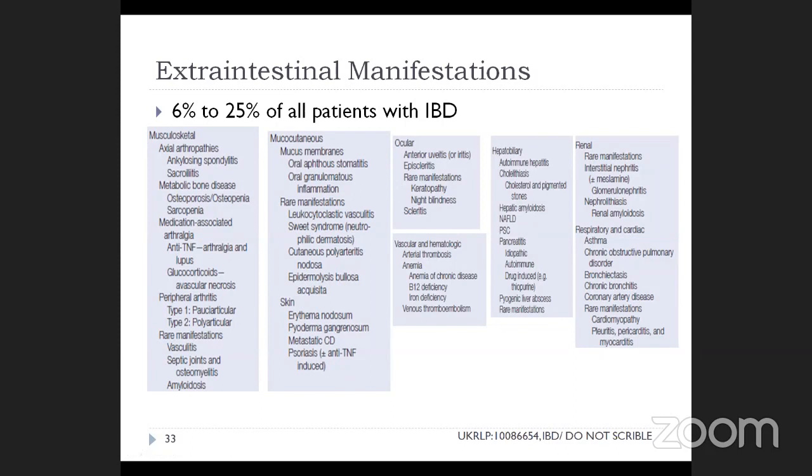Most of the associated extraintestinal manifestations have common gene involvement like the HLA-B27 gene. Other musculoskeletal extraintestinal manifestations are arthralgia, including arthralgia because of the use of monoclonal antibodies against TNF, and avascular necrosis because of the use of corticosteroids in the treatment of inflammatory bowel diseases.